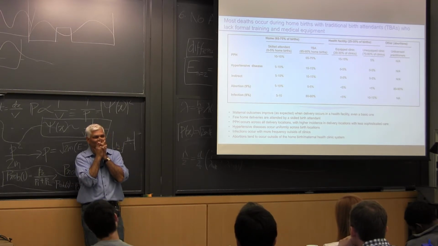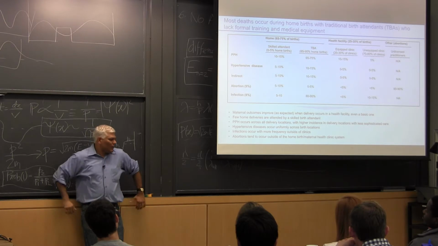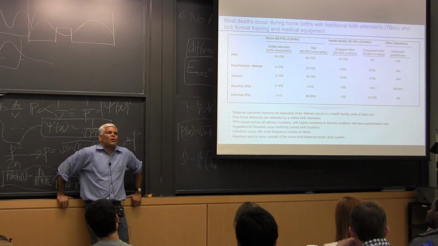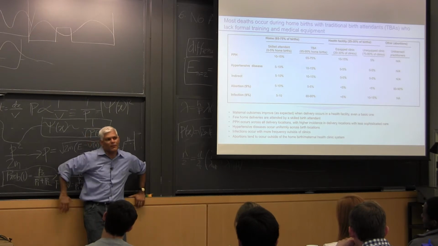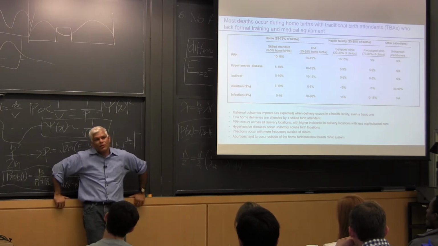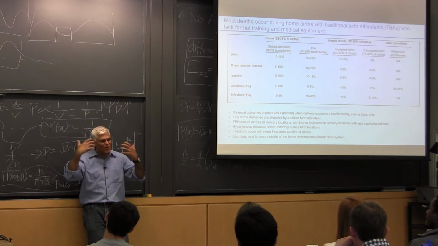Yeah. So, quick question and a comment. I noticed that on the first line, PPH, there's a high percentage of PPH deaths in equipped clinics. Does that mean that there's some determination of risk and high-risk people are going to the equipped clinics? No. So that's the second drug I was talking about. There's another drug called misoprostol, and again, the policy context is extraordinarily important for this.